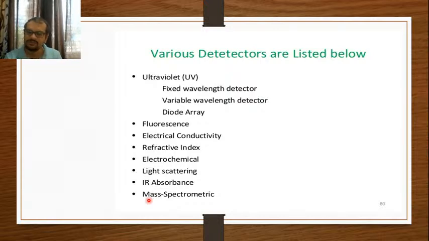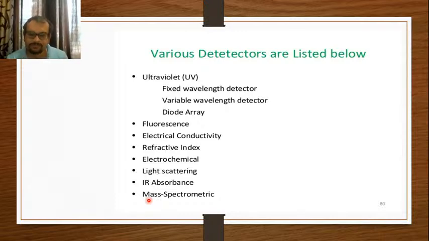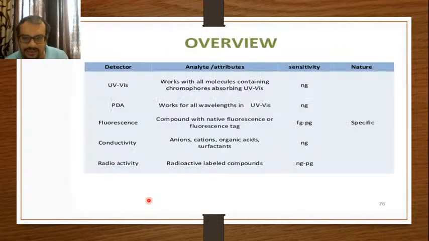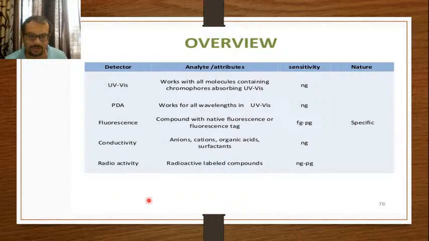And if you are dealing with the same composition, then it is called isocratic elution. Okay, I hope every one of you has got this. So let's get started with the overview of some of the commonly used detectors in HPLC.